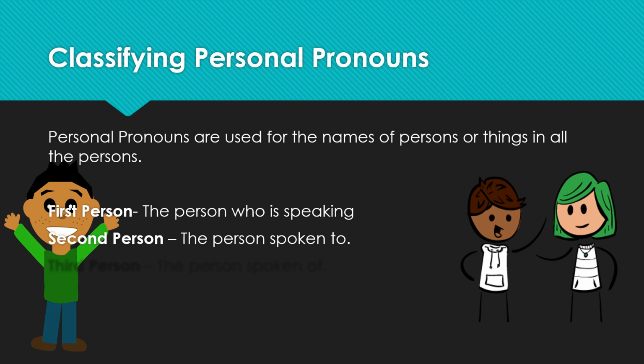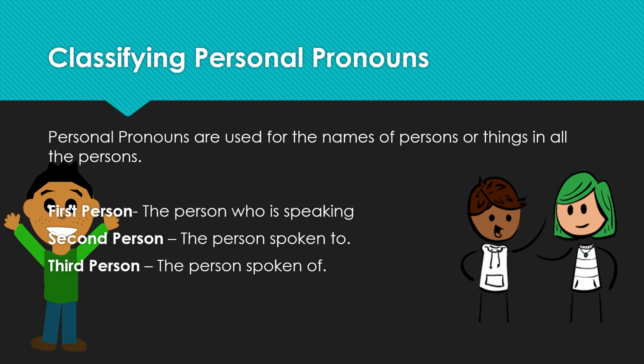Then the third person is the person spoken of or spoken about. Now let us see all three together. First person, the one who is speaking. Second, the one with whom we are conversing, to whom we are speaking. And the third person is the one we are talking about.